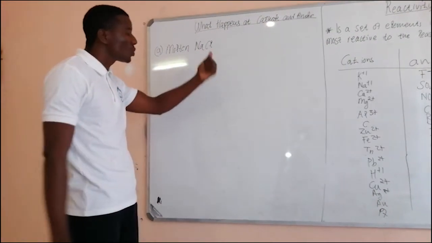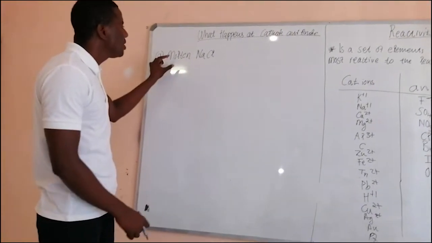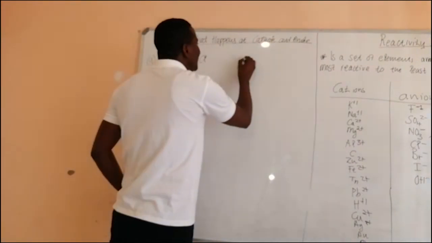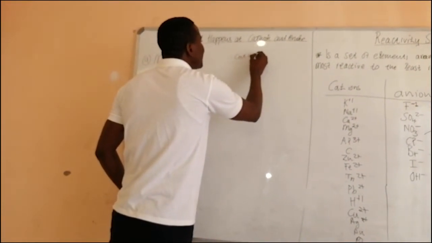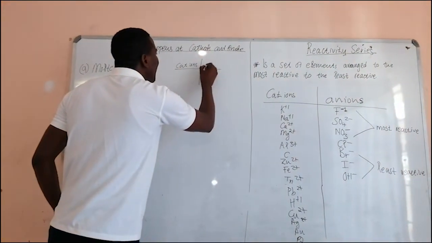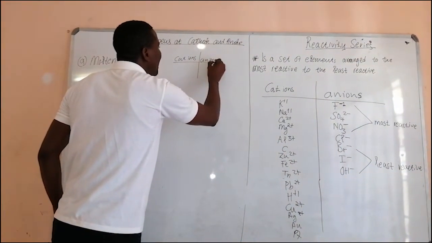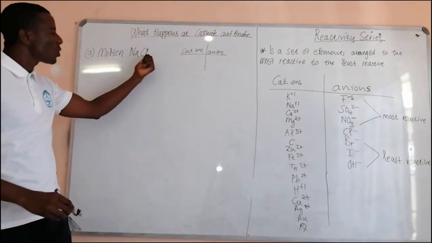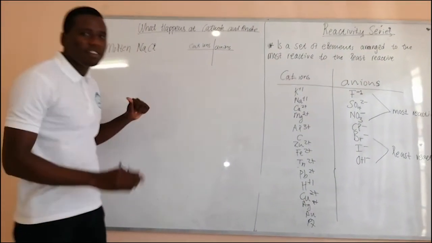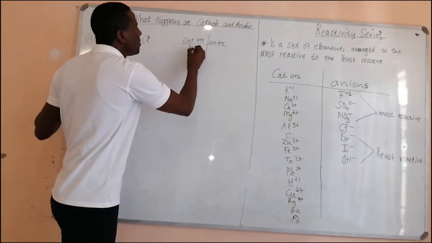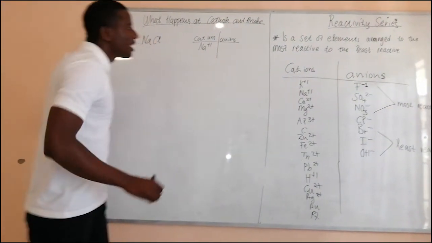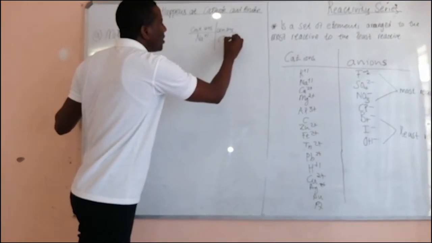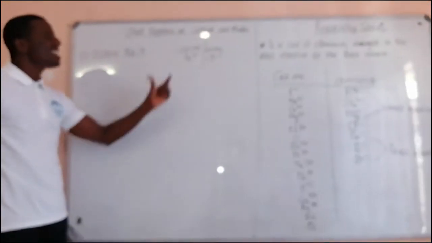All that we need to know here is that we have to first identify the cations and the anions present in this solution. We have molten sodium chloride, so what ions do we have? We have sodium as the cation, and the anion is chloride, which is -1. These are the two ions.